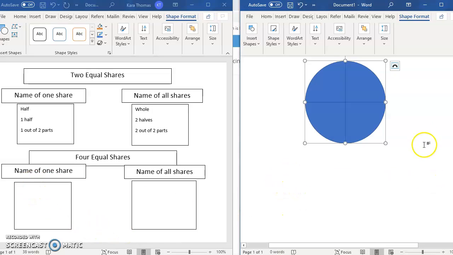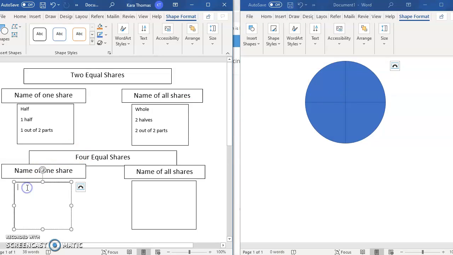All right, now if I have a pancake and it's divided into 4 parts, and I give this part away to my friend Calissa, I could name that part a quarter. Remember, when something is divided into 4 parts, we call them quarters because how many quarters are in a dollar? There's 4.